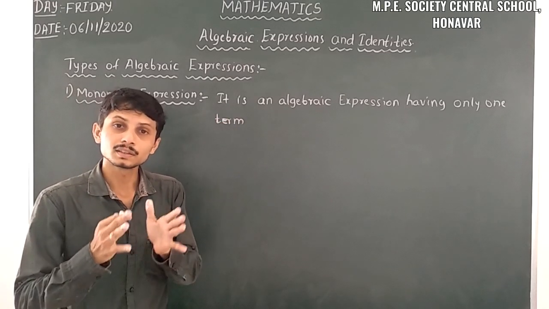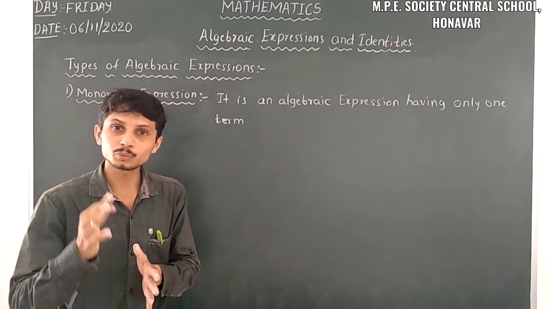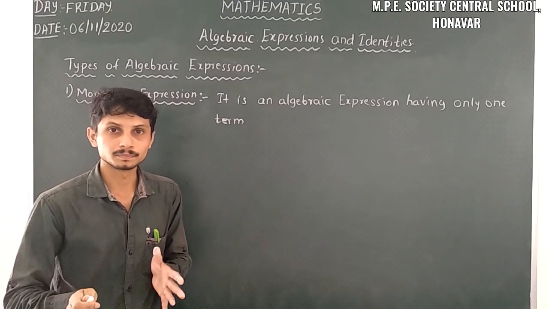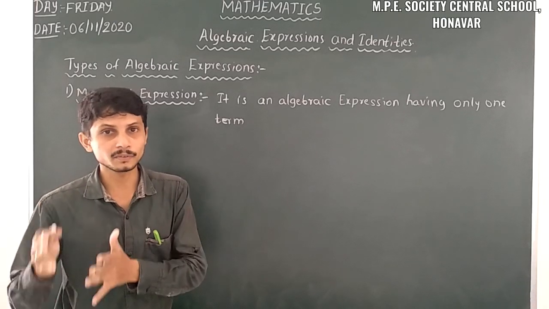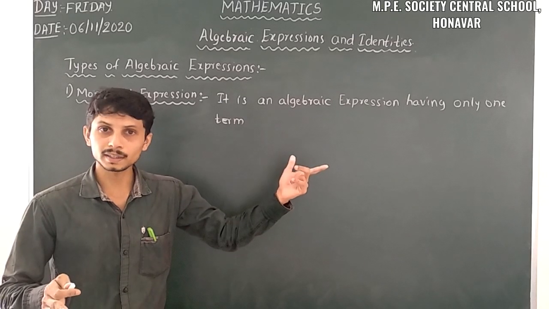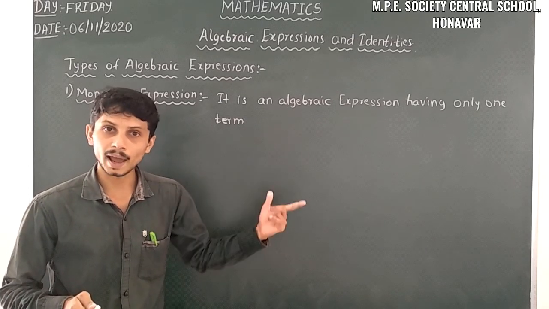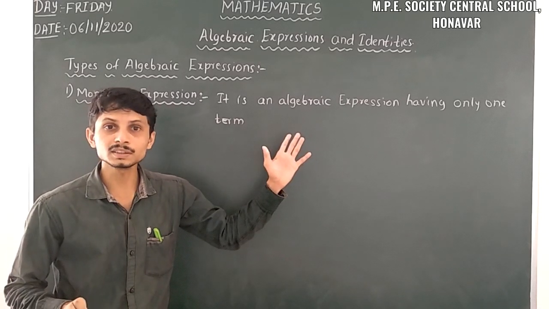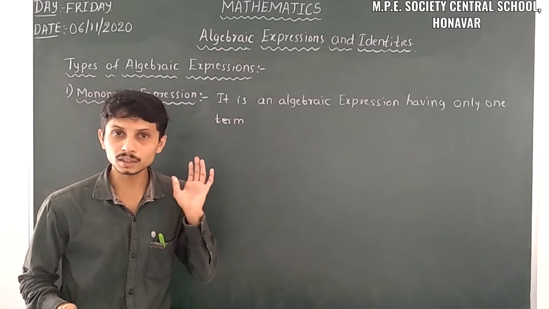So in a term or expression, we have a constant and a variable. When you have a constant and a variable along with an algebraic operation, we call it an algebraic expression. In that, a monomial expression means the expression having only one term.